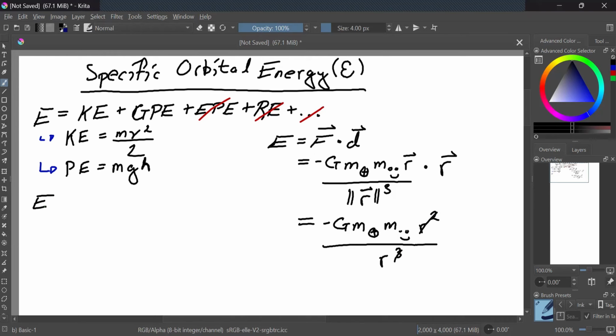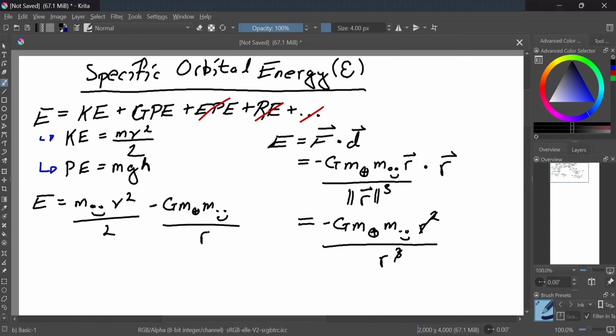So we combine it all together. Mass of the satellite, speed squared by 2, minus G, mass of the Earth, mass of the satellite, by the distance.